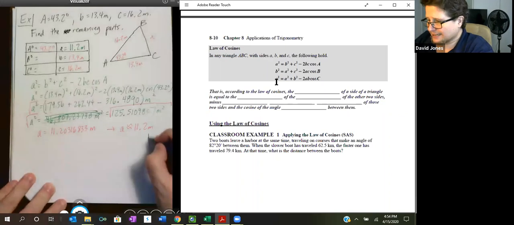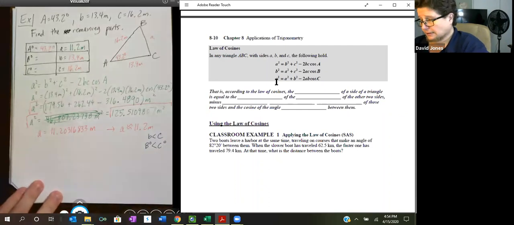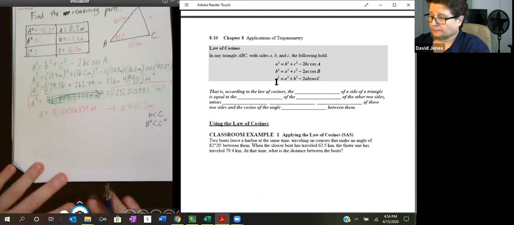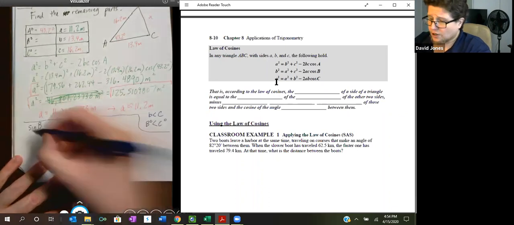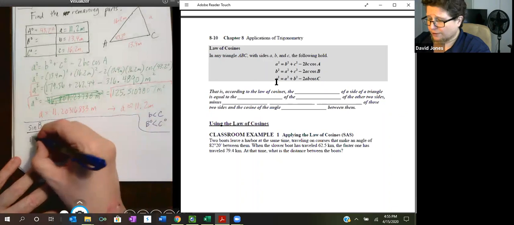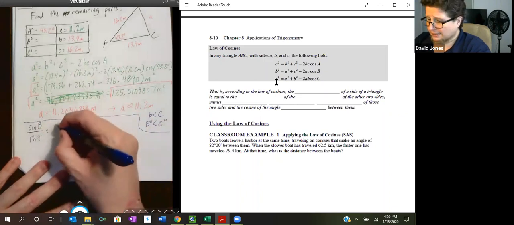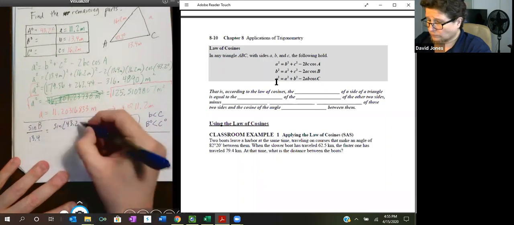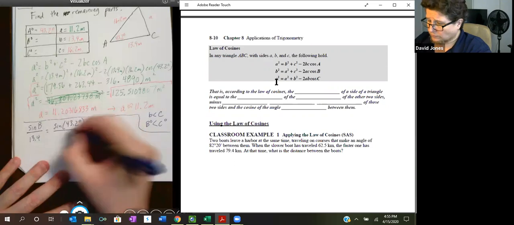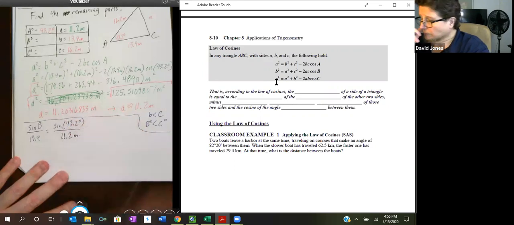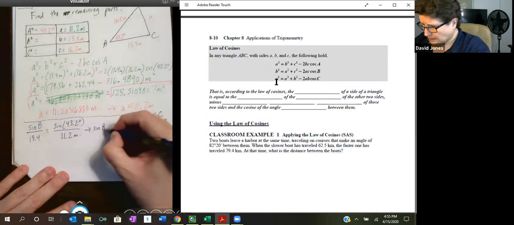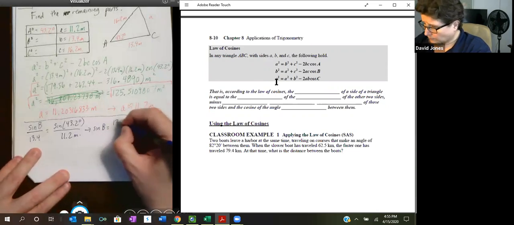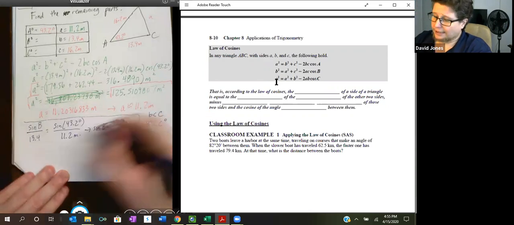So B is less than C, which means angle B is going to be less than angle C. So we're going to solve for B. So we've got sine B over B, which is 13.4, equals sine A. Oh, I need another line.